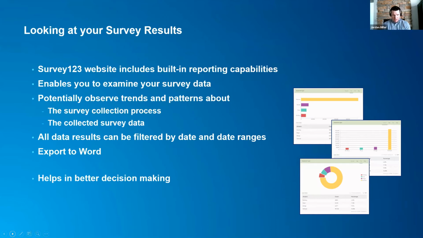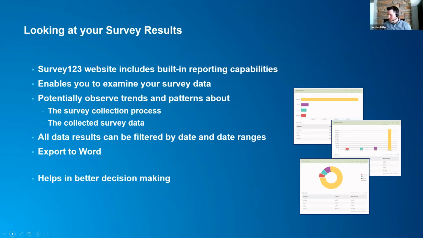There are some pre-built reporting capabilities that allow you to start to examine that survey data, find trends, and understand if anything's happening in the collection process, or maybe we're not getting as many responses as we thought. Maybe we need to look at some things differently. But a lot of this is contained right in that Survey123 application.